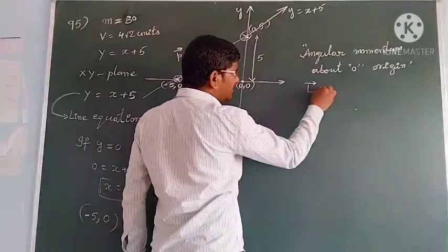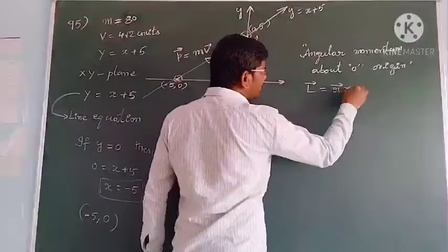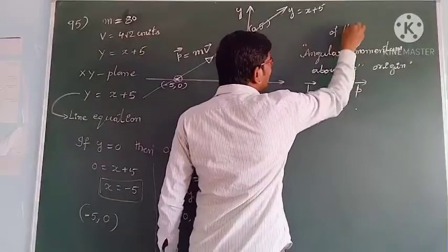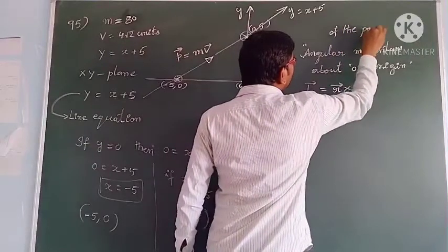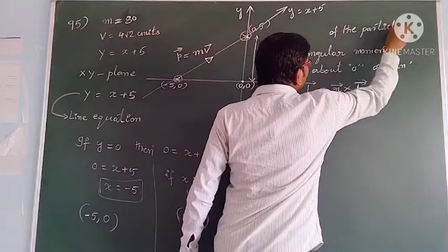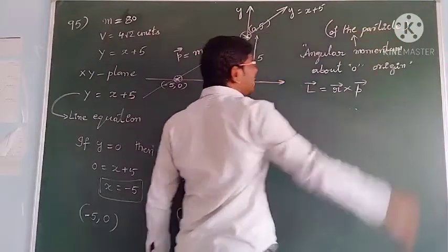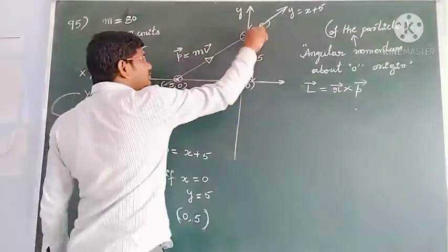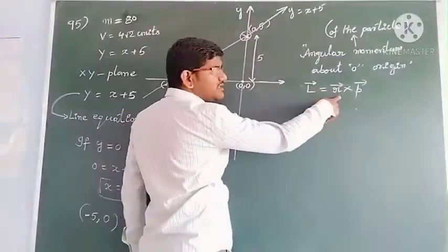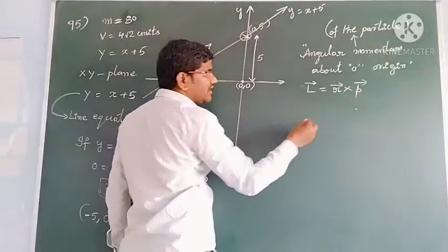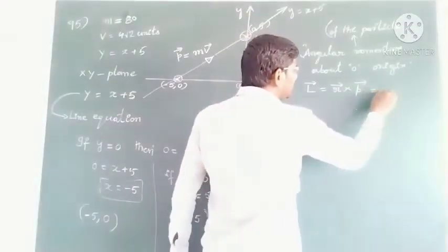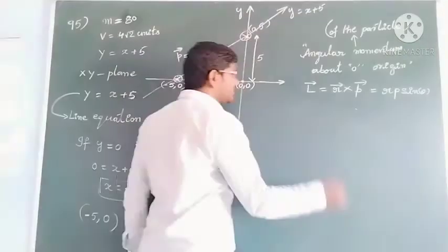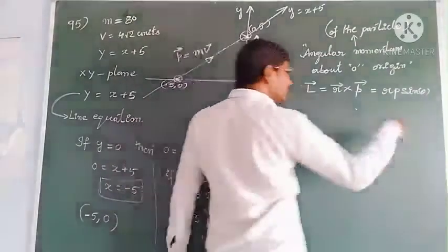Angular momentum is r bar cross p bar. Here we have to find the angular momentum of the particle about the origin. Angular momentum is r bar cross p bar, so what can you write? r p sin theta. r bar cross p bar is equal to r p sin theta into its direction.